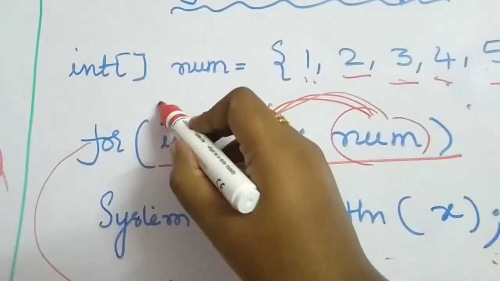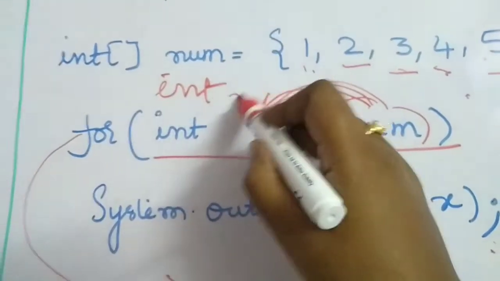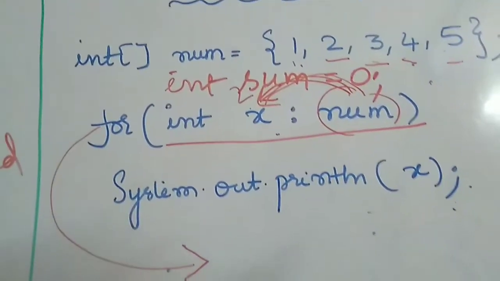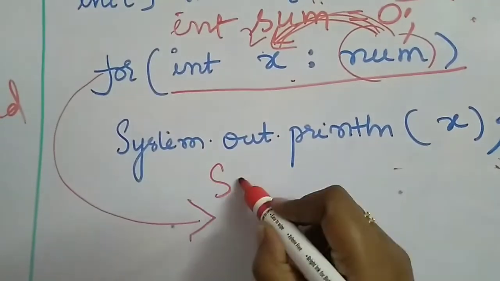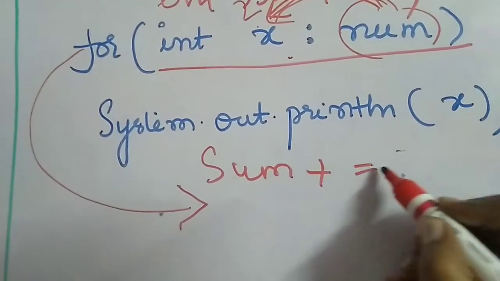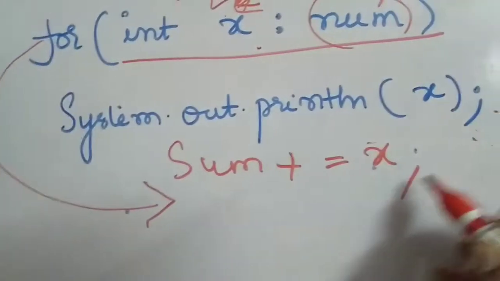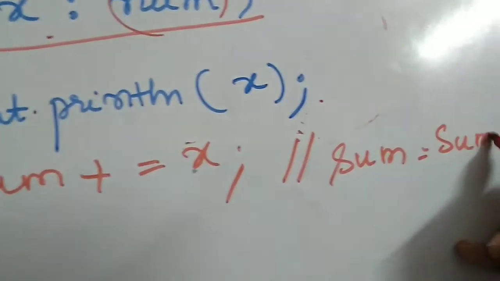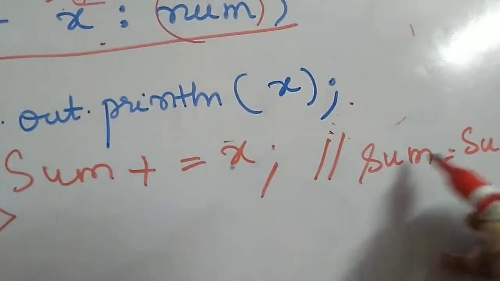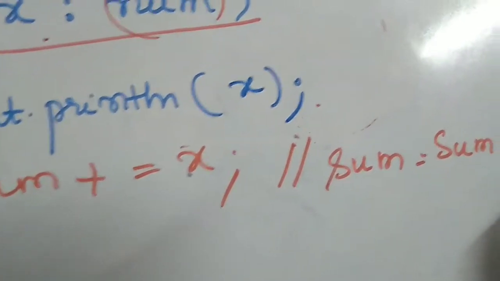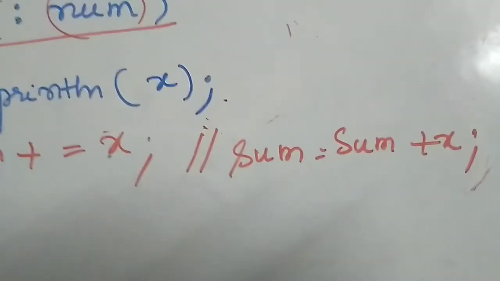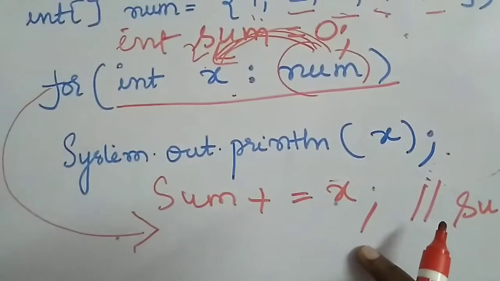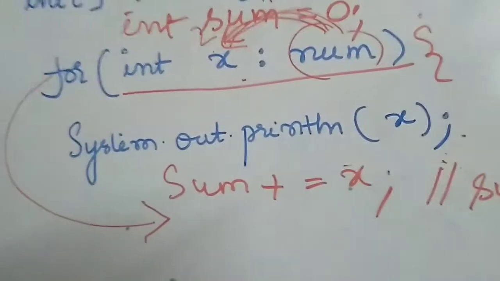In that case, I'll say int sum = 0, and then I'll say sum += x, which is equivalent to sum = sum + x. I have written it using the compound assignment. Since there are two statements to be executed, I'll put them in a block.